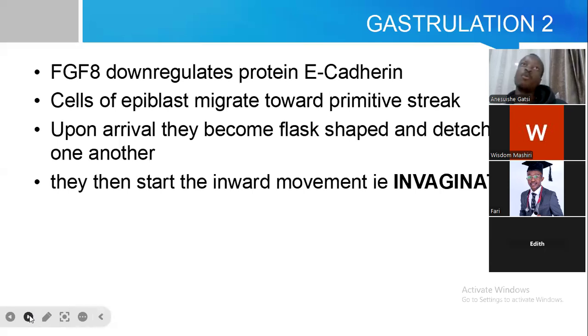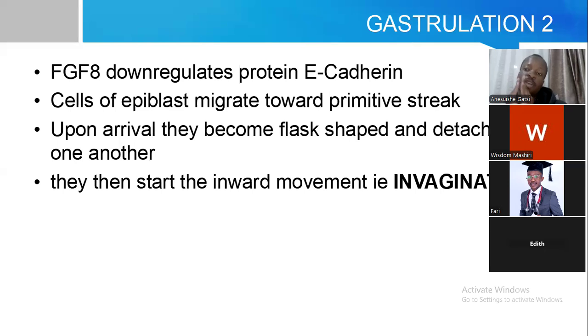So what fibroblast growth factor 8 is going to do is downregulate a protein that we call E-cadherin, right? If you remember from your physiology, or the general cell histology, for cells to adhere to one another, you need some form of adhesive molecules, which include E-cadherin.